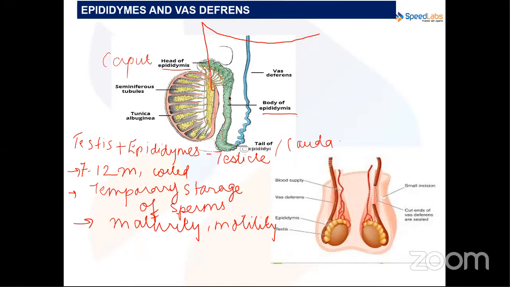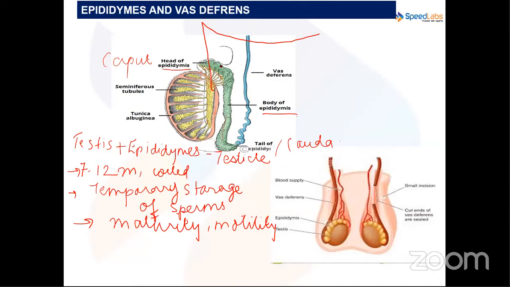They become more and more motile, more active. The pattern and percentage of motility, that means the ability to swim and move, changes as the sperms travel from the head to the tail of the epididymis.